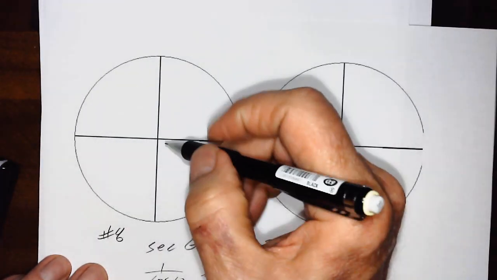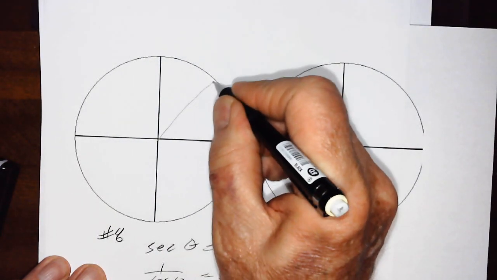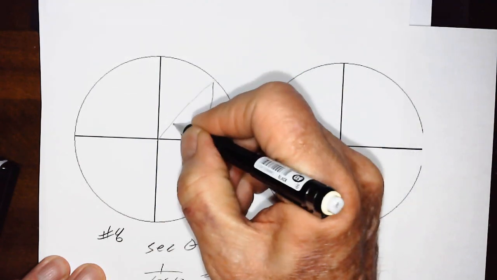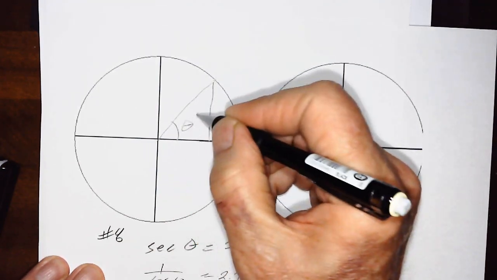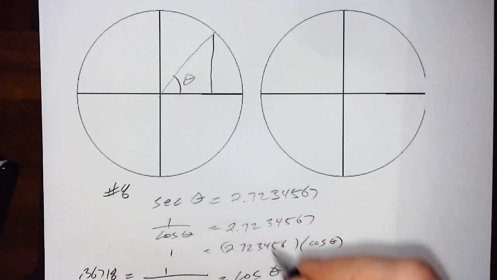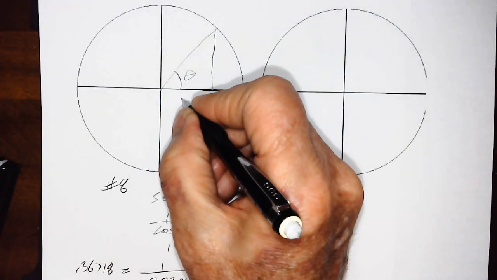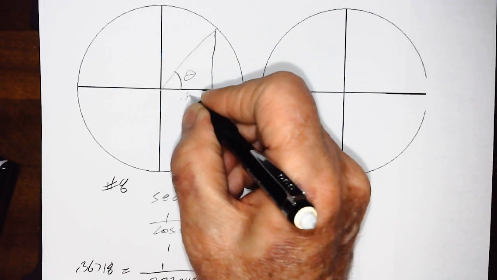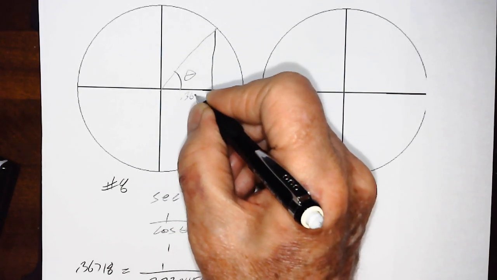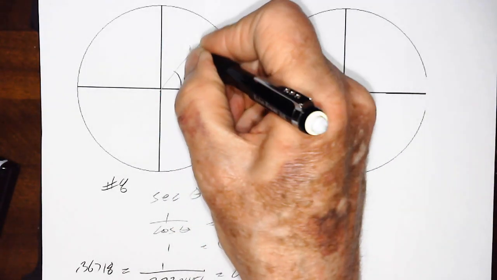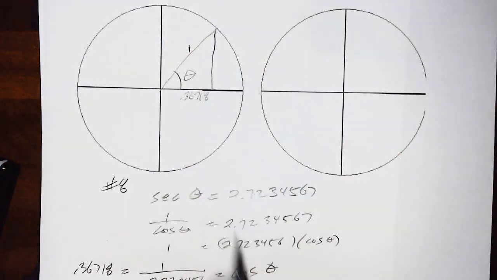So, in other words, theta is going to be an angle. They were asking us to find theta. The cosine of it is just 0.36718. If that's 1, that's a picture of it. But still, we don't know what theta is quite yet.